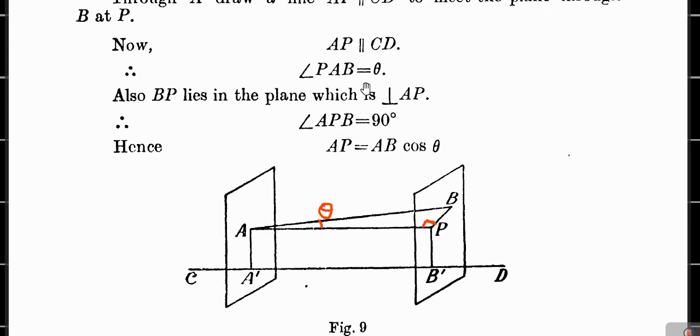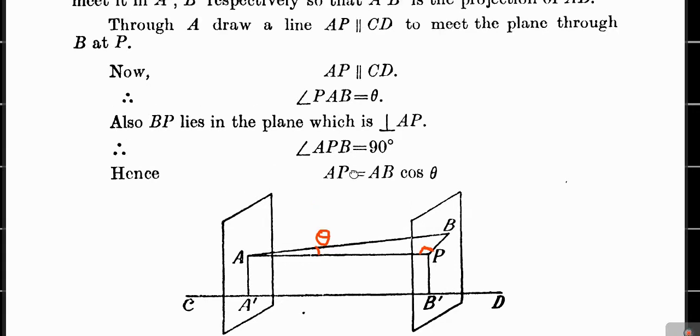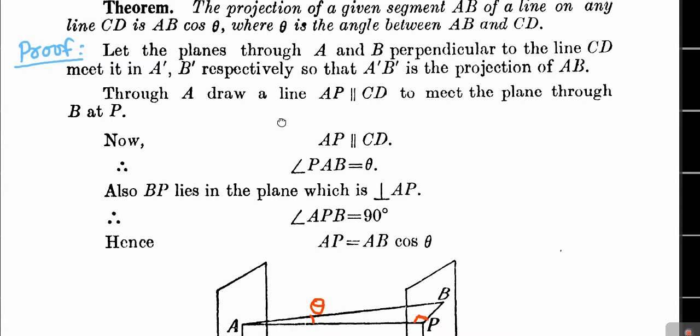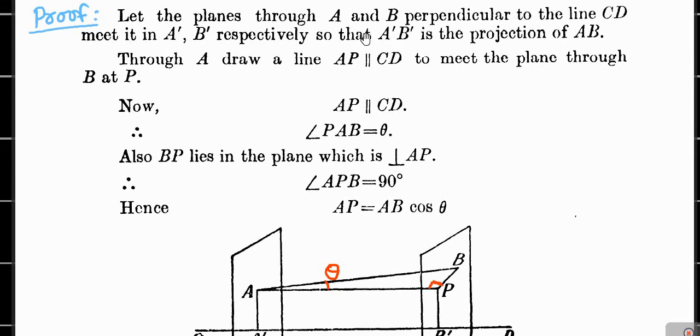Now let us move to prove the theorem. For that purpose, as told just now, let the planes through the points A and B perpendicular to the line CD meet the line CD in points A' and B' respectively. Then A'B' is the projection of AB, and we have to find A'B'.